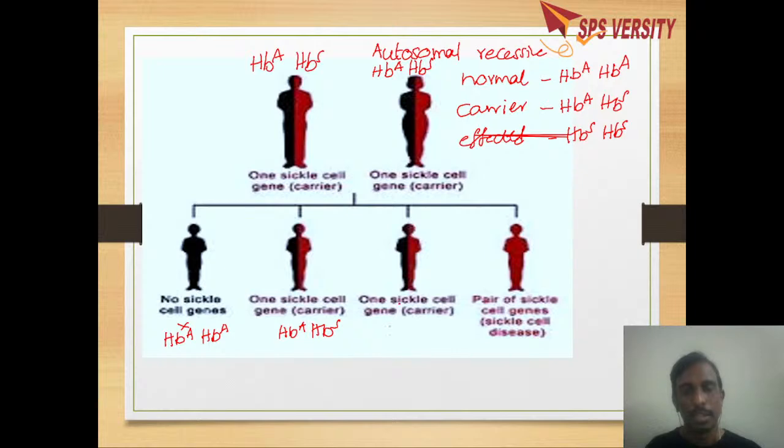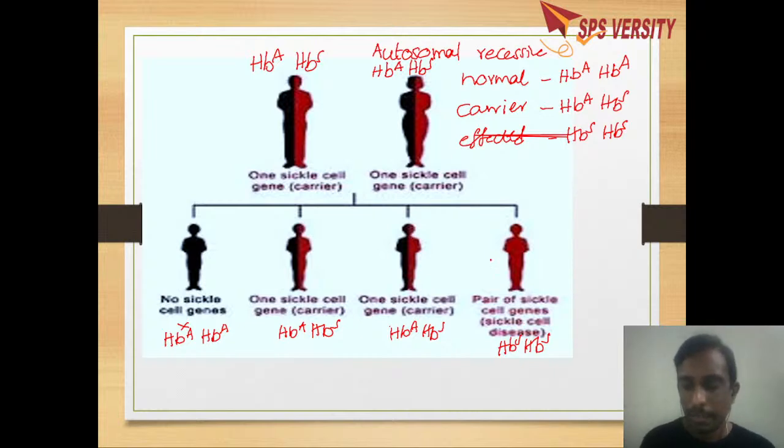The female here is also a carrier, HBA, HBS. And one is suffering with sickle cell anemia, HBS, HBS. That means when a male and female are carriers, they got 4 children. In this, one is not affected, 2 are carriers, and 1 is affected.